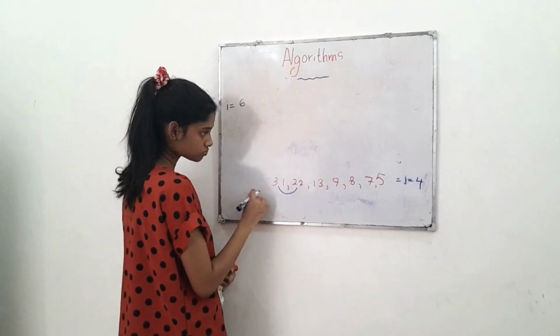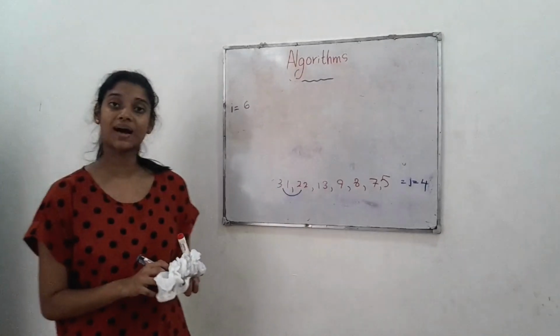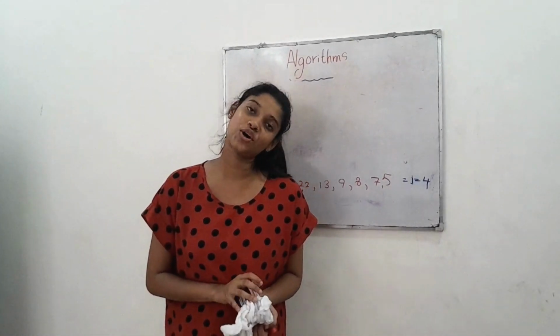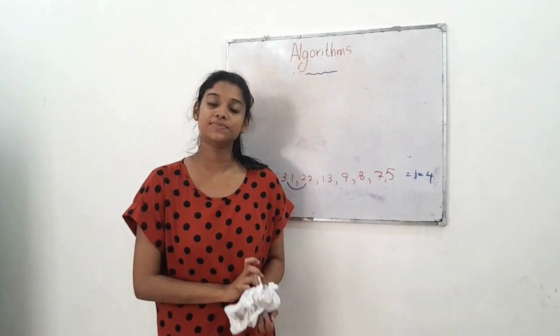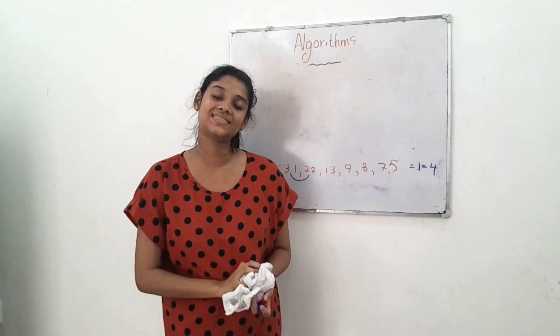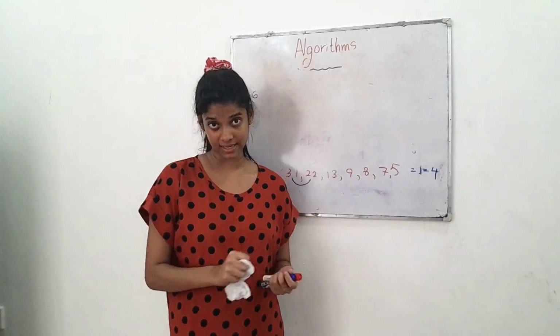So now this becomes a sorted array. So this is all for bubble sort. I hope you can understand what I am doing in here.